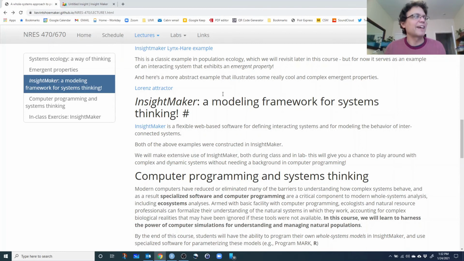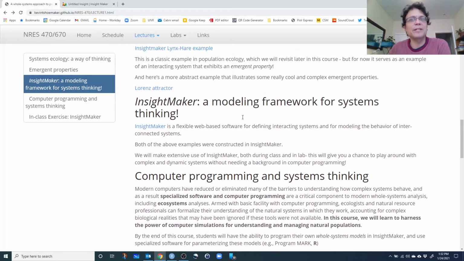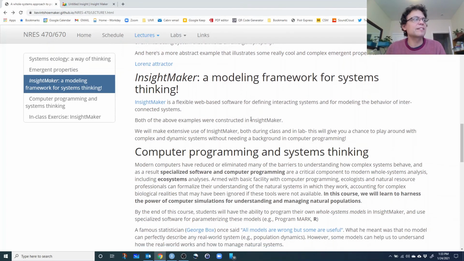Just a few words about Insight Maker, the tool we're going to be using. Hopefully, we're going to have more experience working with Insight Maker in class on Wednesday. That'll be the primary focus on Wednesday, going through very slowly, introducing you to the tool. So I'm not going to go into great detail here, but I just wanted to say a few words.